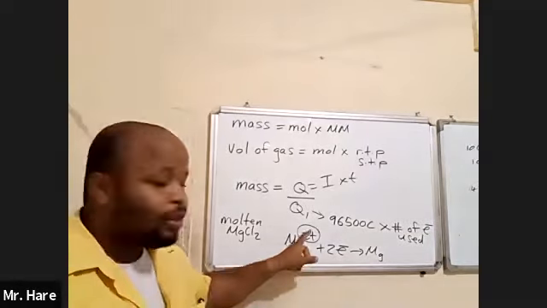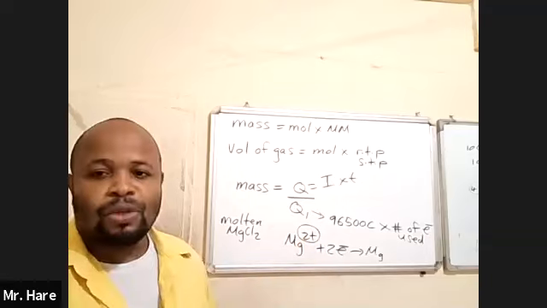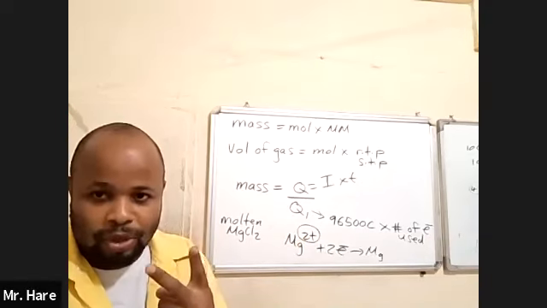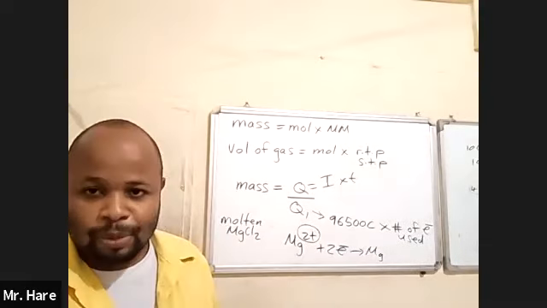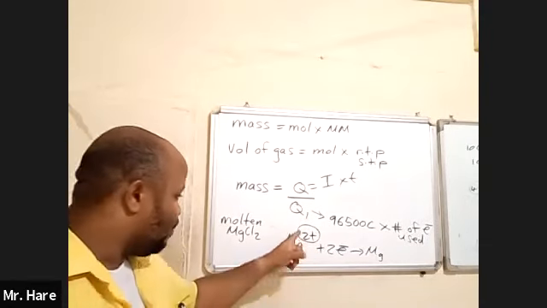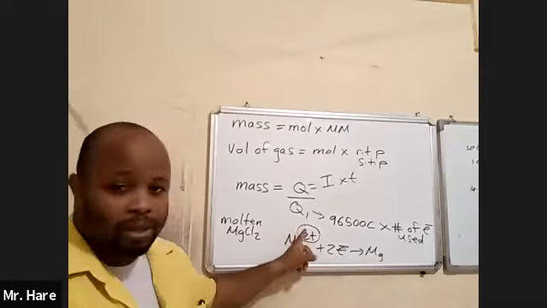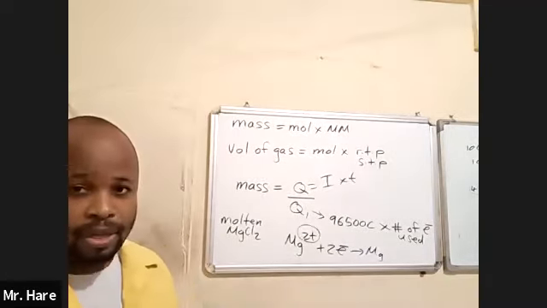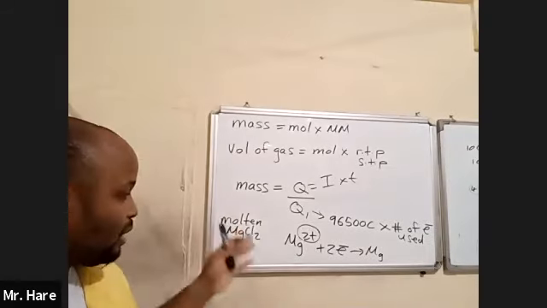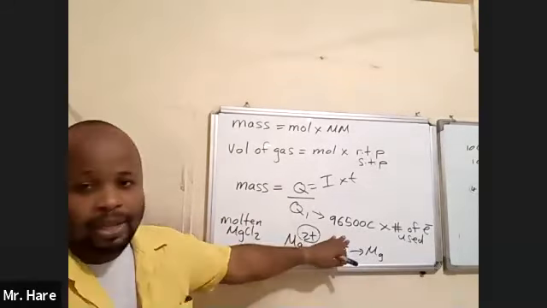If magnesium is 2 plus, then it would need 2 electrons, and so it would be 96,500 times 2. Because magnesium is 2 plus, it would have to be 2 electrons. But let me put a question so we can actually apply the formula.